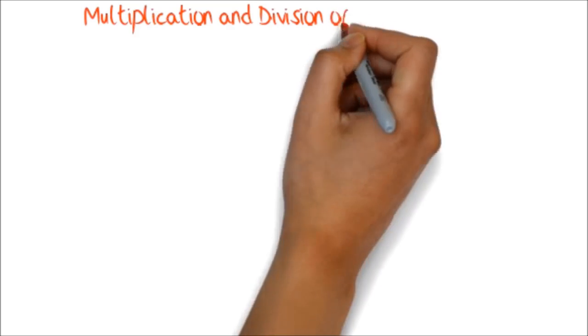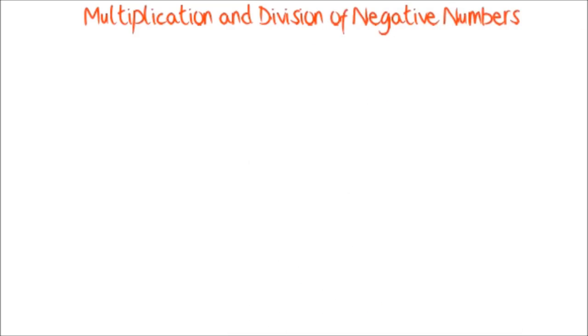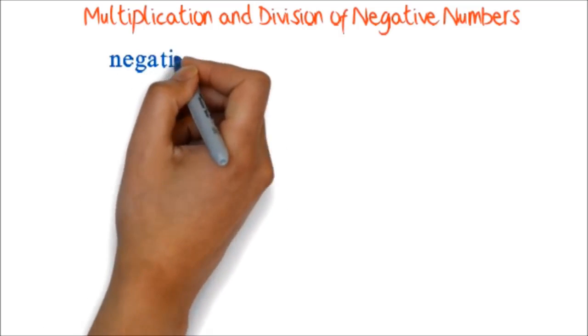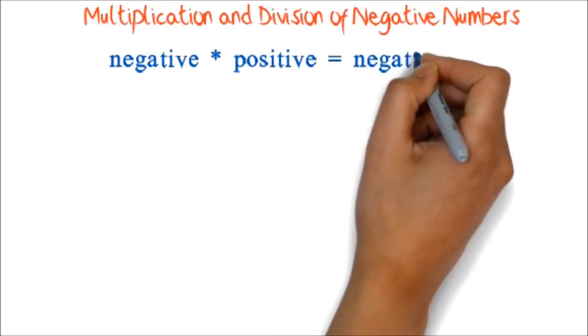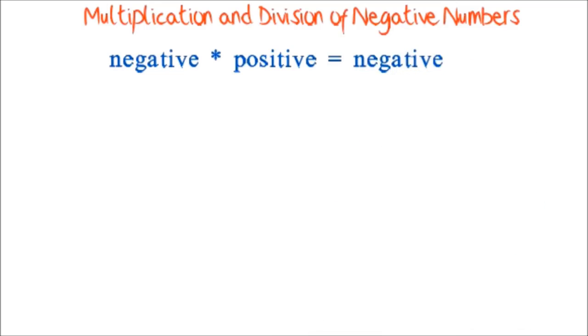Multiplication and division of negative numbers. The real problem in most cases is when negatives are introduced. When you multiply a negative and a positive number, the answer is always negative.